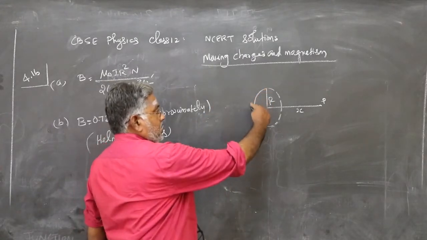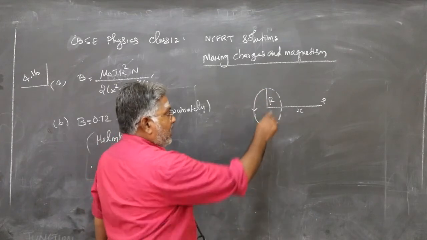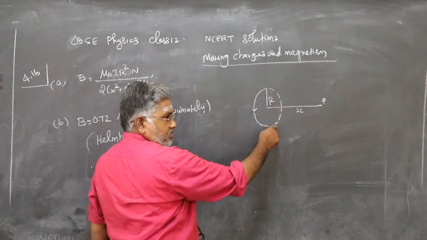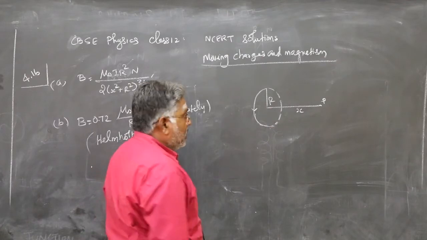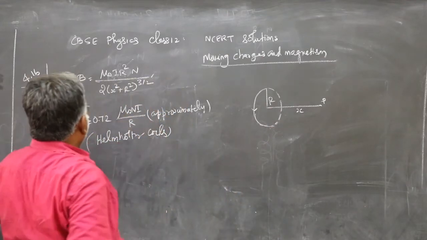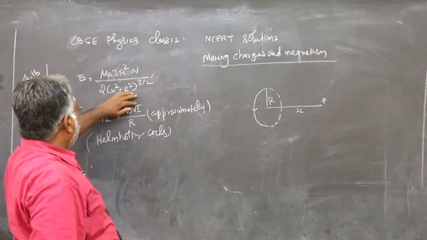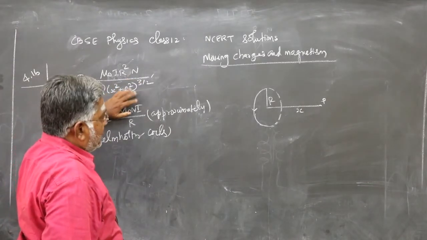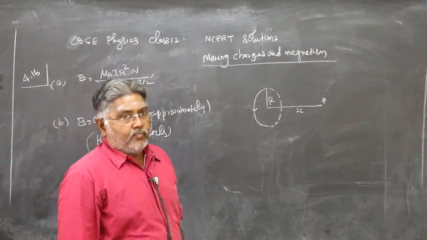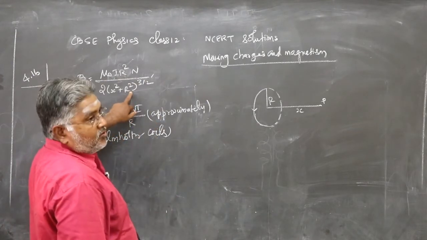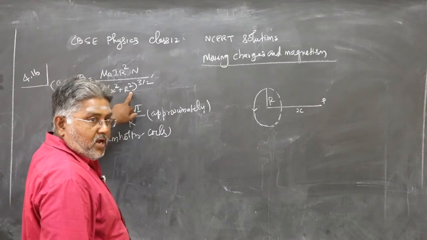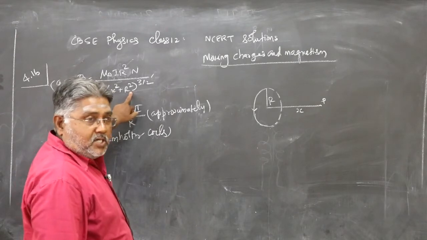This part of the circular coil is this side. The hyphenated part is the other side. And the formula is given mu naught I r squared n by 2 into (x squared plus r squared) power 3 by 2. You have to prove that this reduces to the familiar result of magnetic field at the center of the coil.